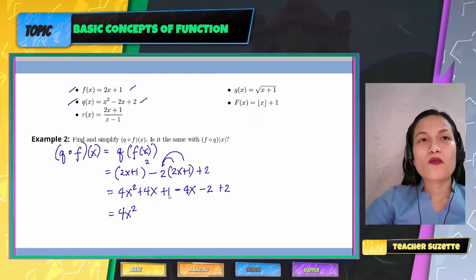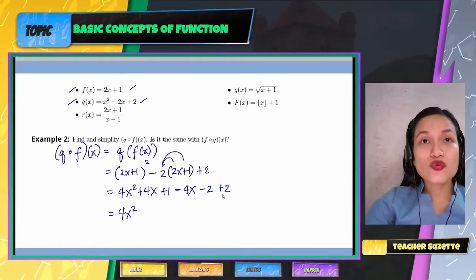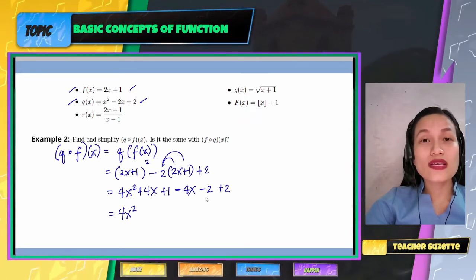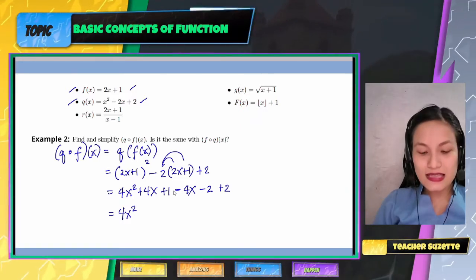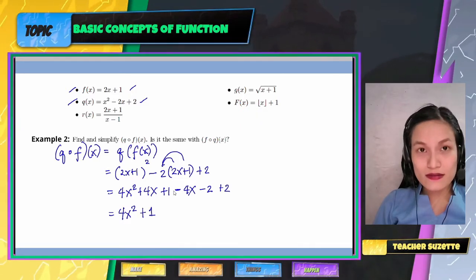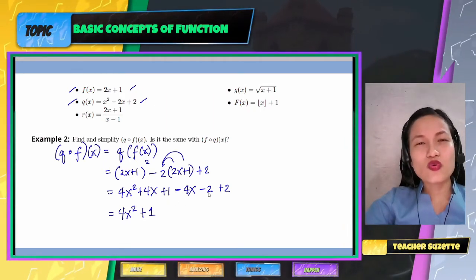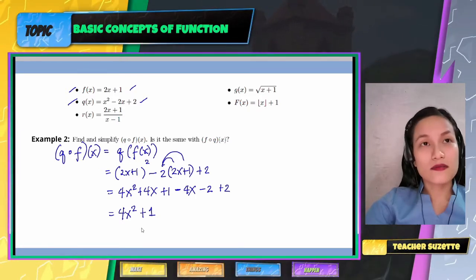Then, 1 plus negative 2 plus 2. And you know that negative 2 plus 2 is already 0. So, maca-cancel out mo yan. Then, matitira na lang sa ating sagot is plus 1. Or pwede mo rin namang solve ng 1 plus negative 2 is negative 1 plus 2 is still positive 1.